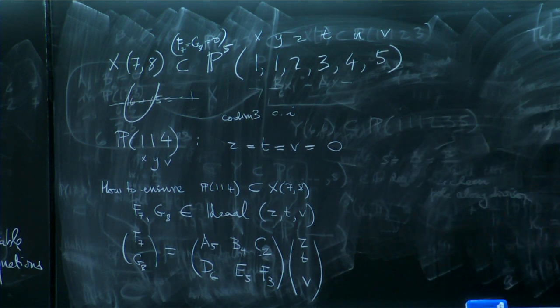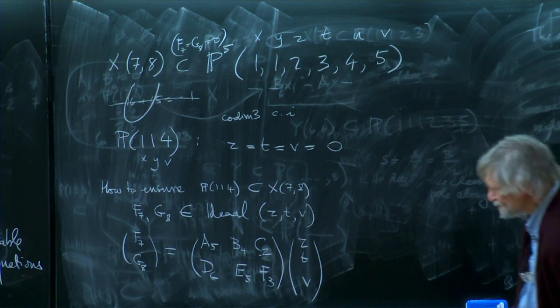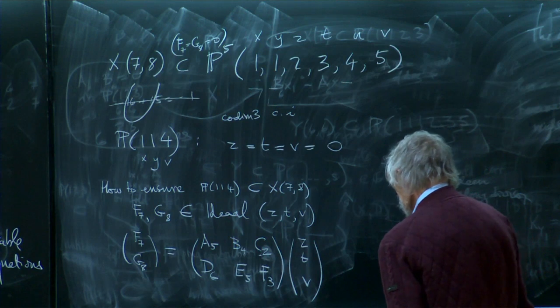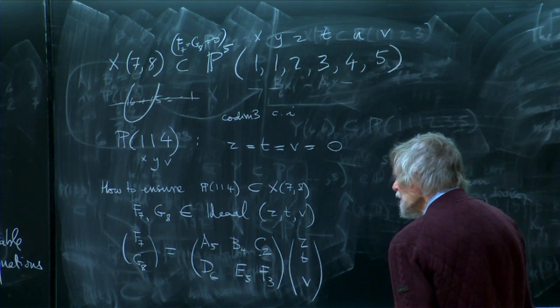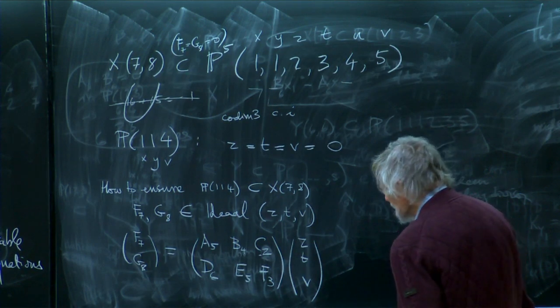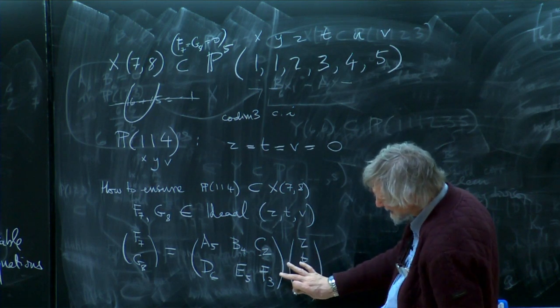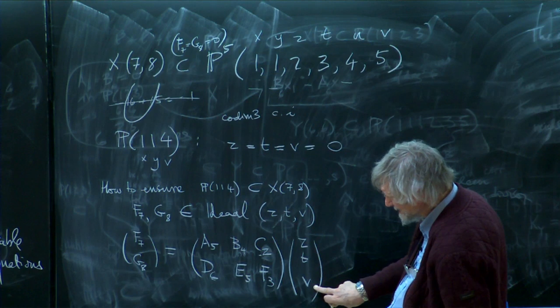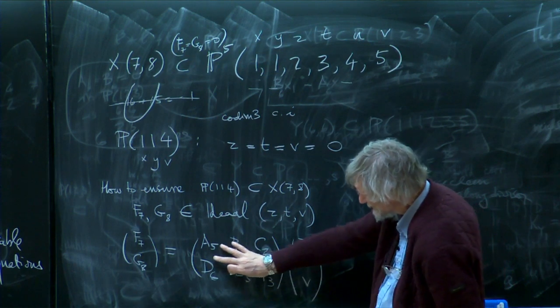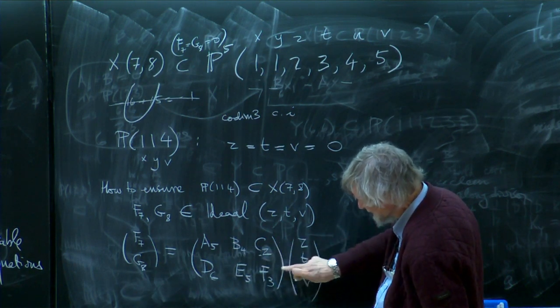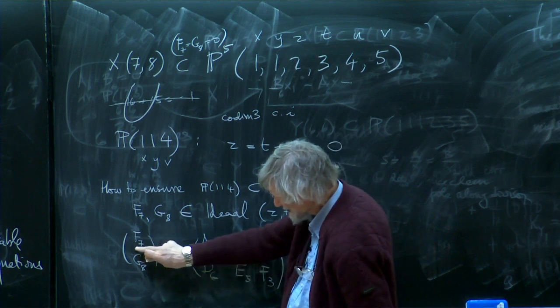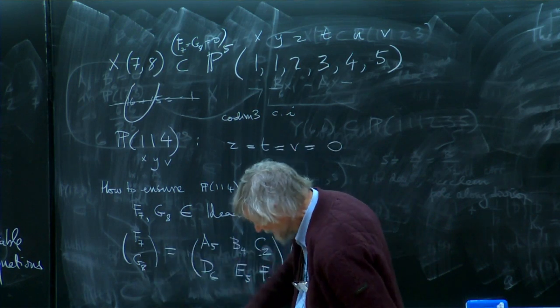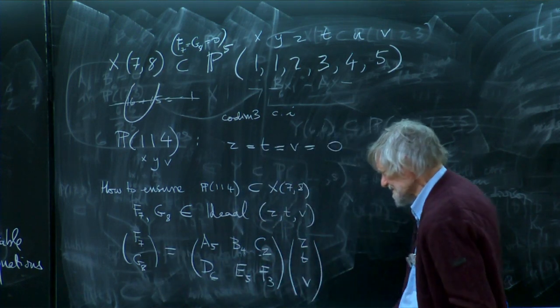Okay, so the point is that we know how to solve these equations. Imagine that somebody gives you 3 unknowns and 2 equations, saying these 2 equations which are inhomogeneous linear equations.